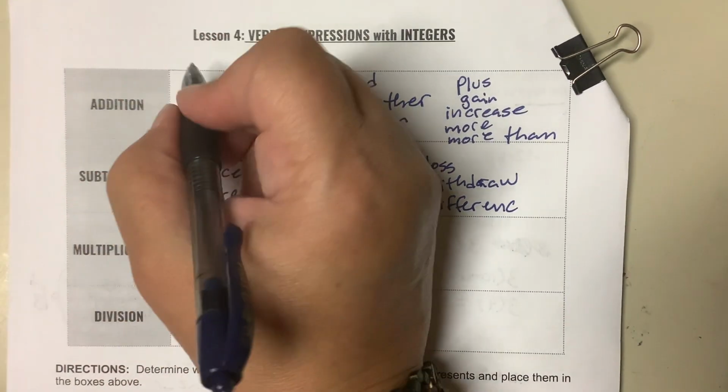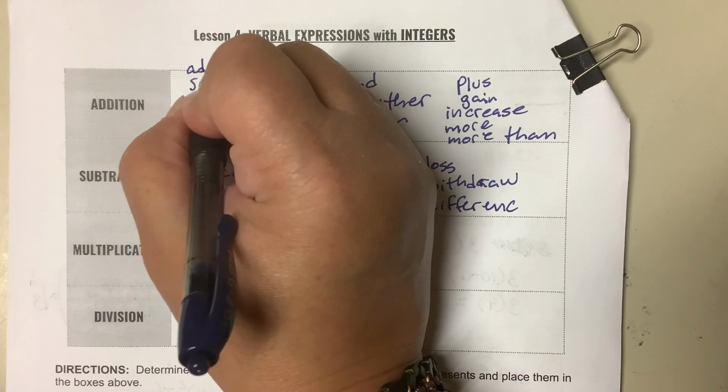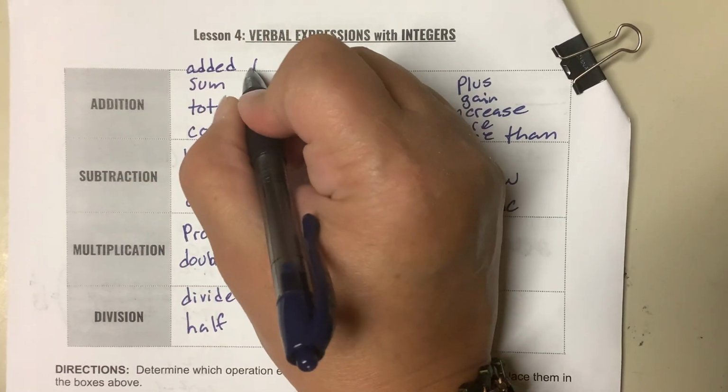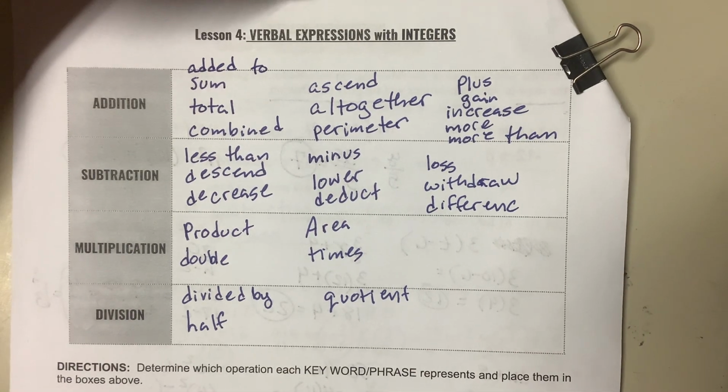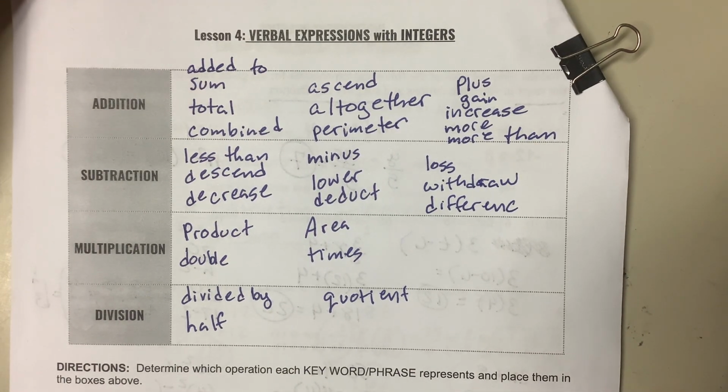Gotta write smaller next time, Bono. Added to. Right. So, the two words that mean equal are equivalent and same. In the next page, we are going to be using all of these words to translate from English to math.